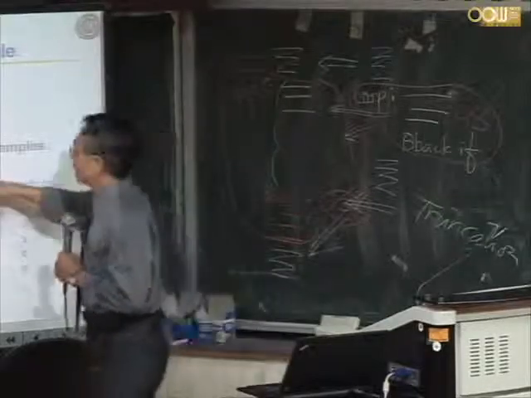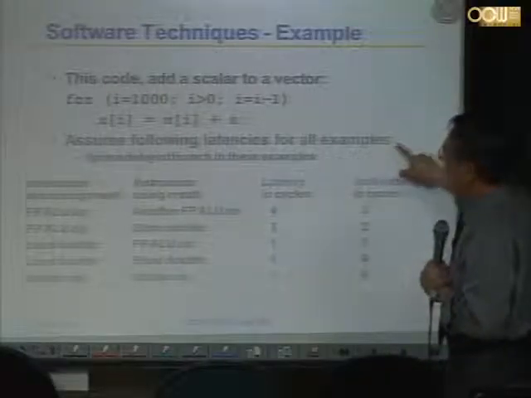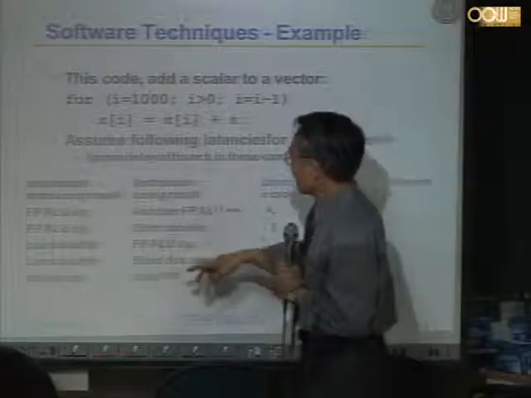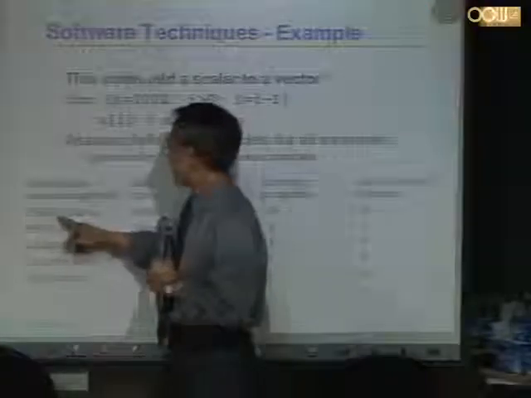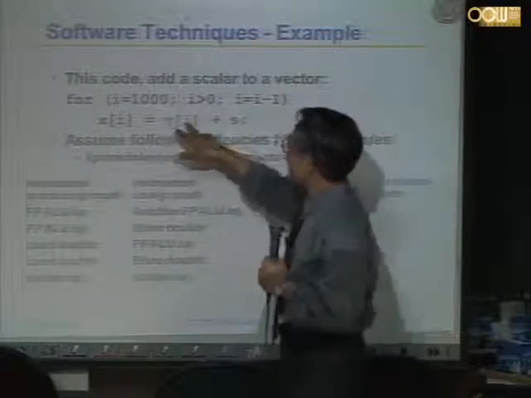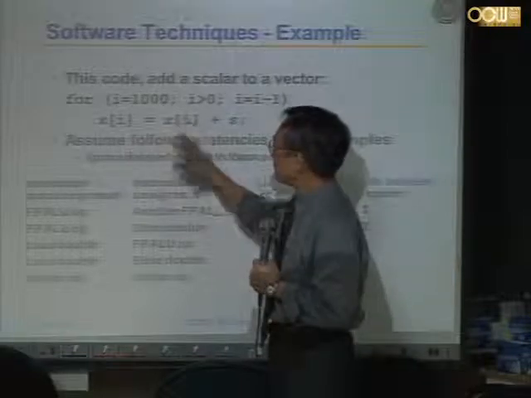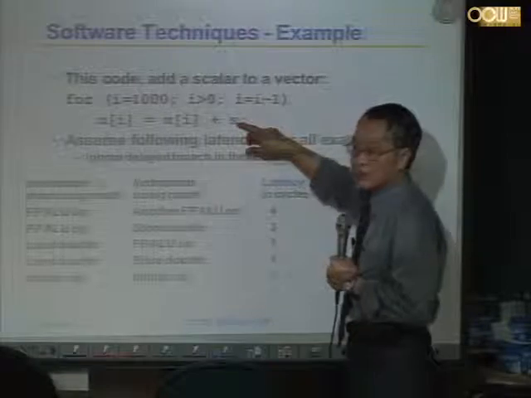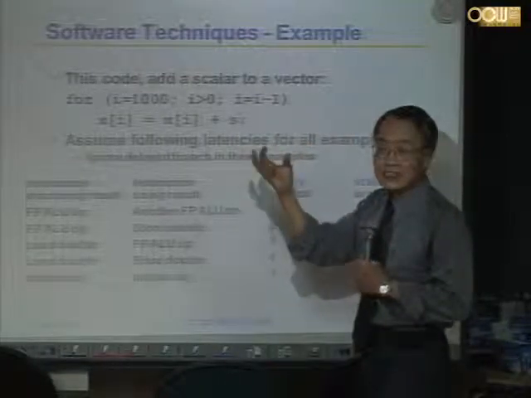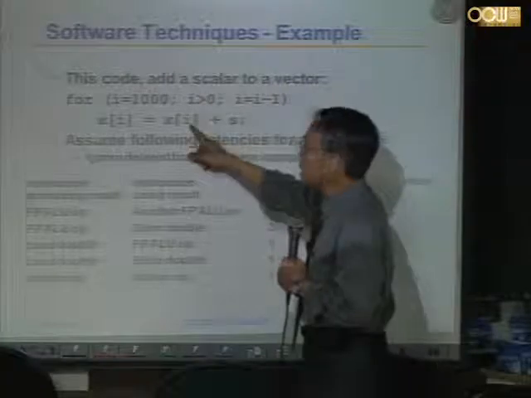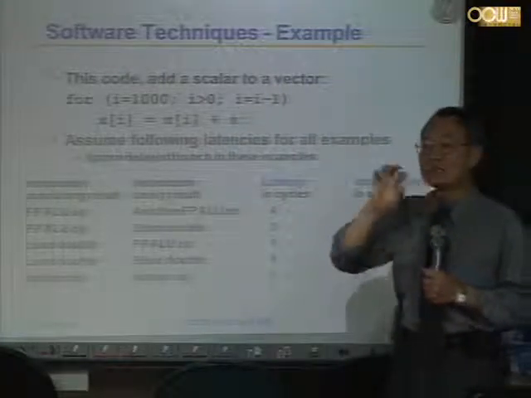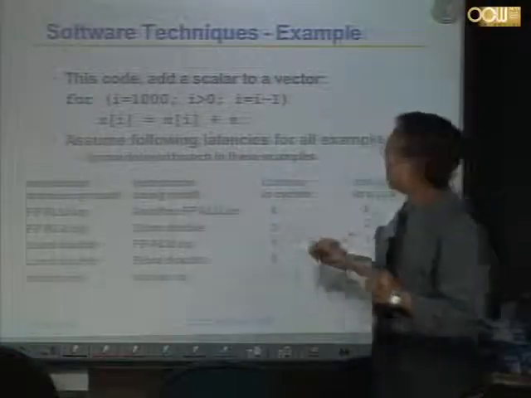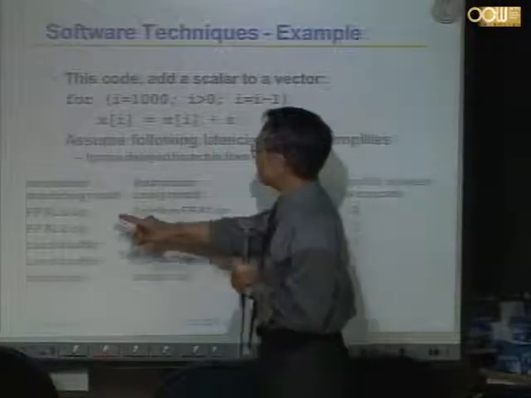Okay, so assume the following latencies for all examples. Ignore delayed branch in these examples. If the producer is a floating point ALU operation, assuming all the array elements are floating point, this is a scalar. Scalar means a standalone number. Array means a series of interrelated numbers. But also the scalar is floating point.